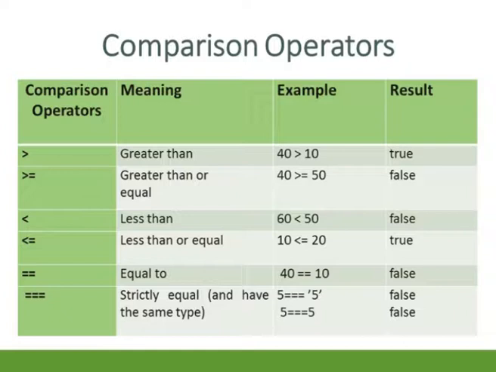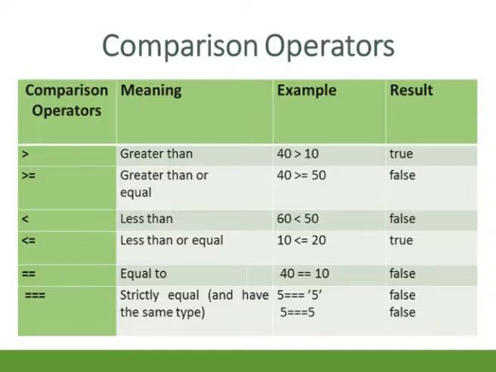If this condition is true, of course the result will be true, otherwise the result will be false. That means when we apply the comparison operators, the result of the expression is always a Boolean value, that means true or false. The next operator is greater than or equal to.